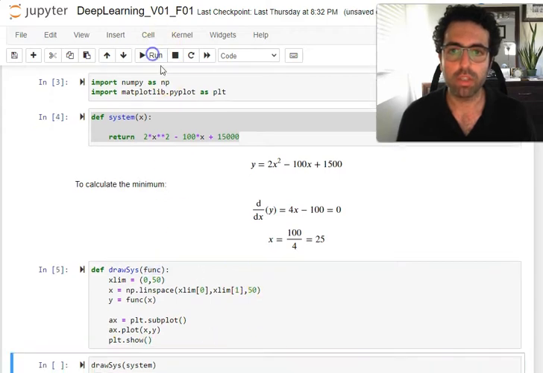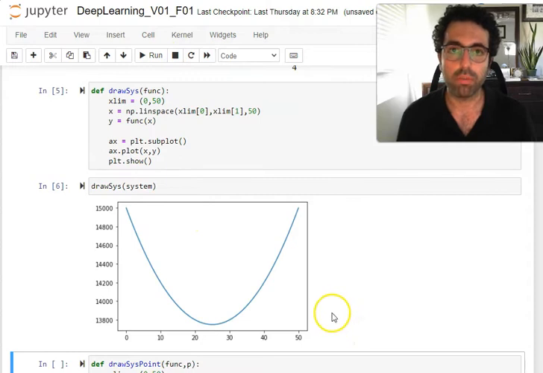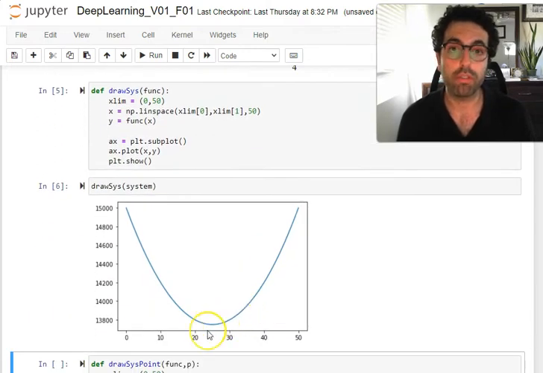So this is our function, and let's go ahead and draw it. From 0 to 50, this is the value we get if we put, let's say, x as 10, and so on and so forth. And we can see here that when we are at 25, we're at the minimum. We calculated that mathematically, and we also see it visually.